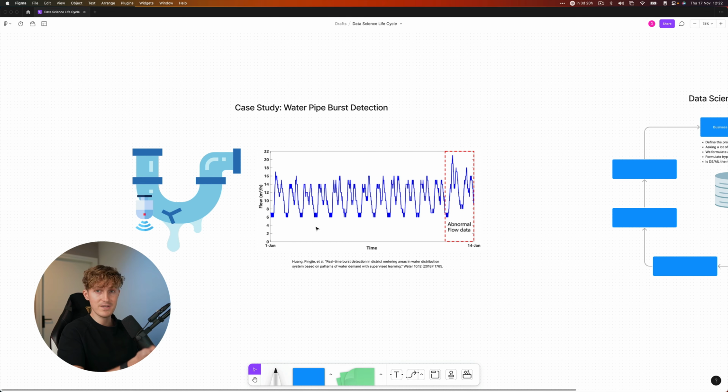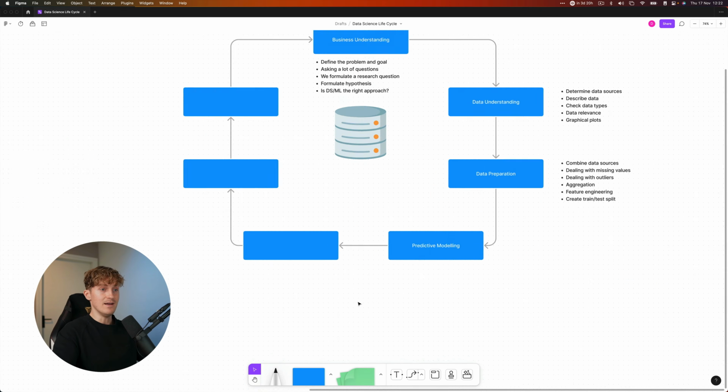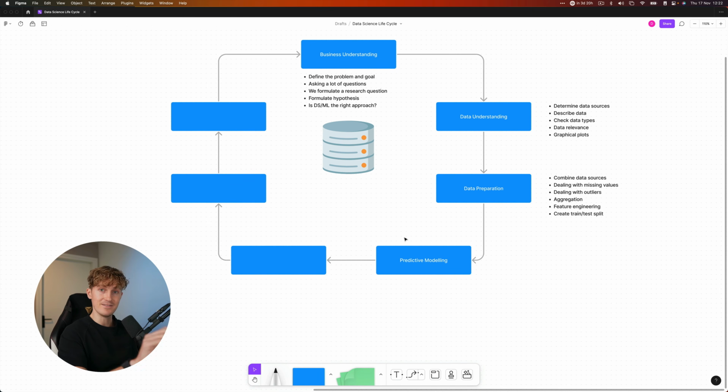So for this seemingly simple problem, we can already see that there are quite a few approaches that we can take. And depending on the approach we take, we have to select different models and even do some different data preparation steps in order to transform the data in such a way that it's useful for the model.